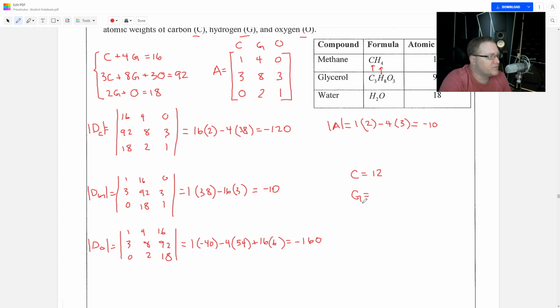It is going to be negative 10 divided by negative 10, which is positive 1. And then our oxygen is going to be negative 160 divided by negative 10, which is positive 16. All right, and this is the answer that we were looking for.